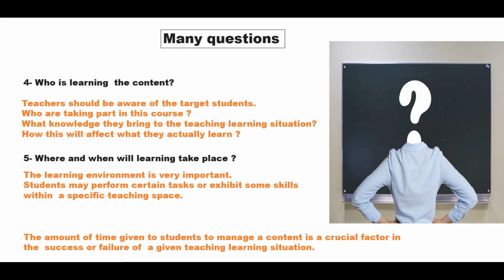The learning environment is very important. Students may perform certain tasks or exhibit some skills within a specific teaching space. Remember that the amount of time given to students to manage a content is a crucial factor in the success or failure of a given teaching learning situation.